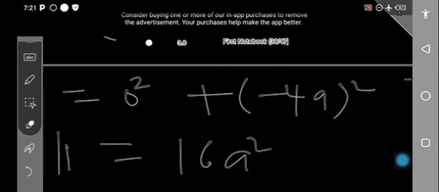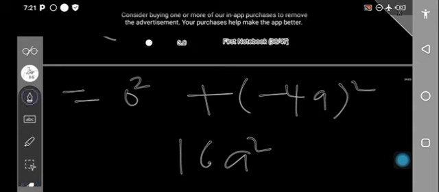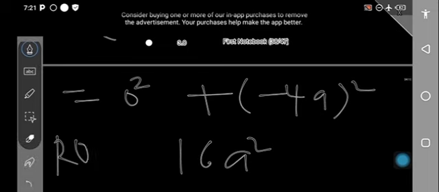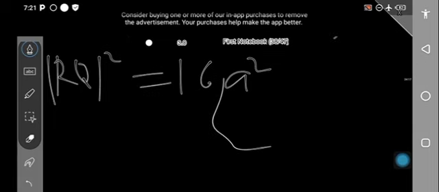That is RQ squared. RQ squared equals 16a squared.